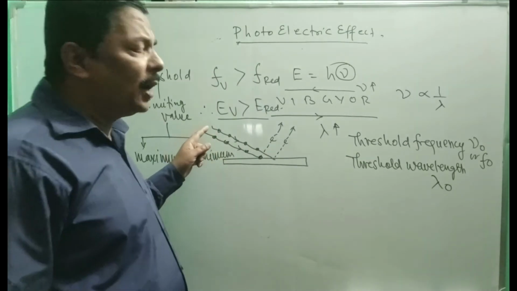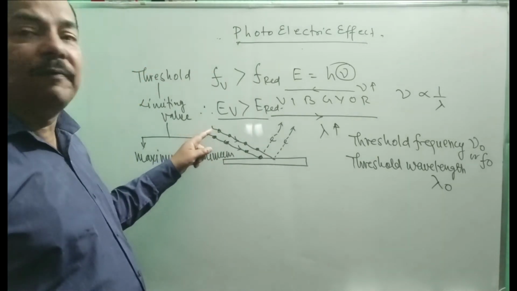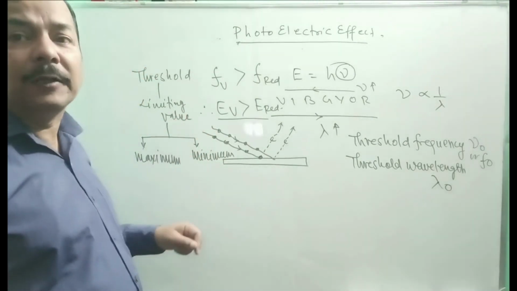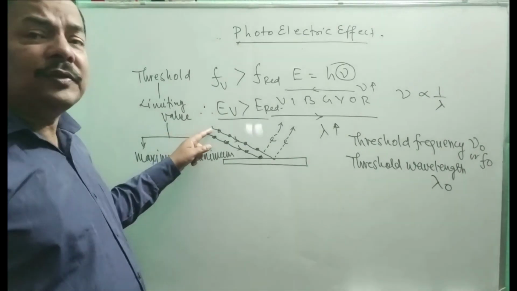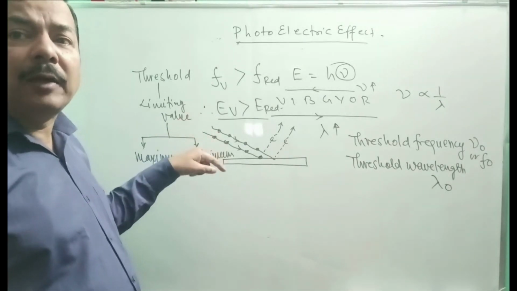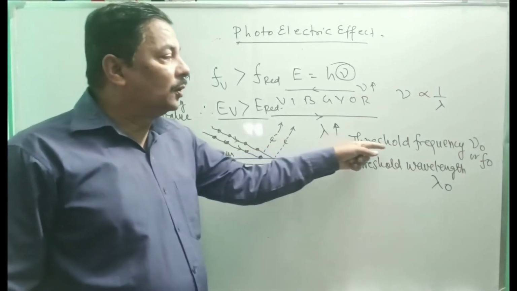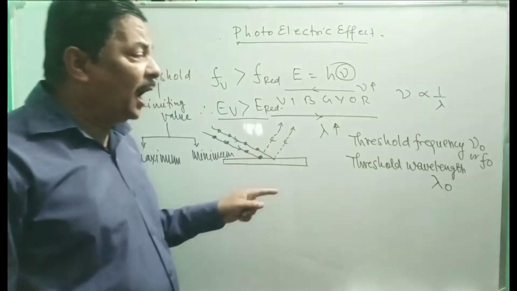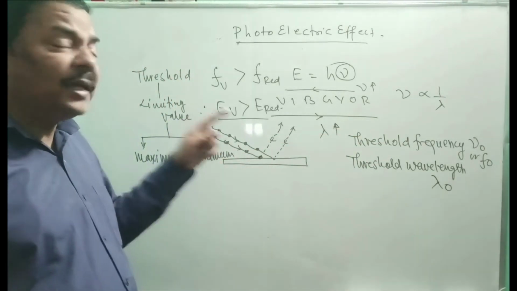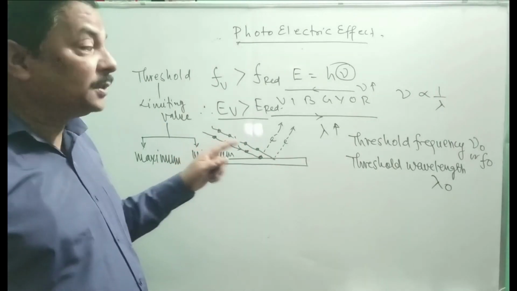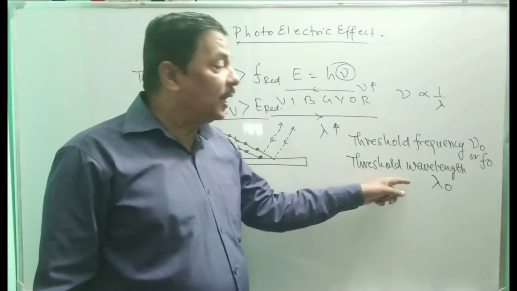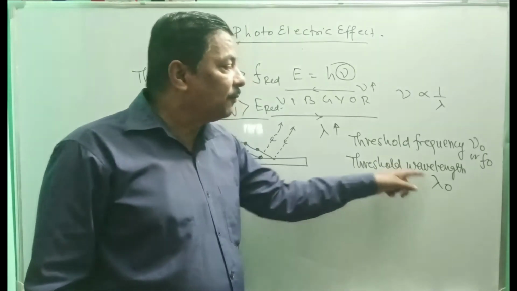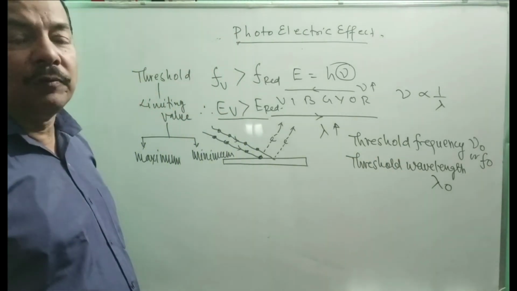So whenever we are talking about the frequency or wavelength of the incident radiation, frequency should be greater than a minimum value. That minimum value is called threshold frequency, and wavelength should be less than a maximum value, and that maximum value is called threshold wavelength.